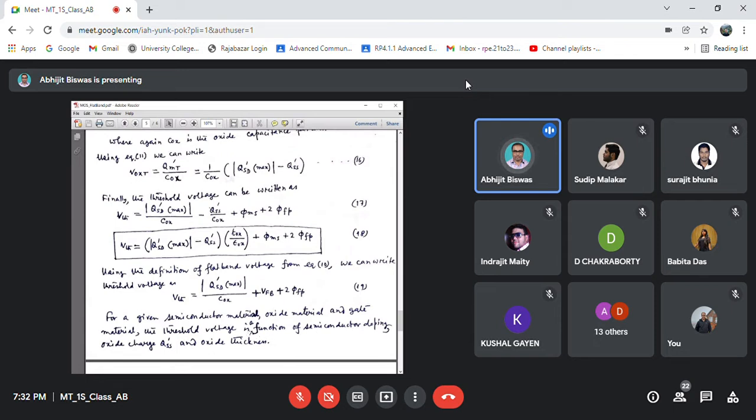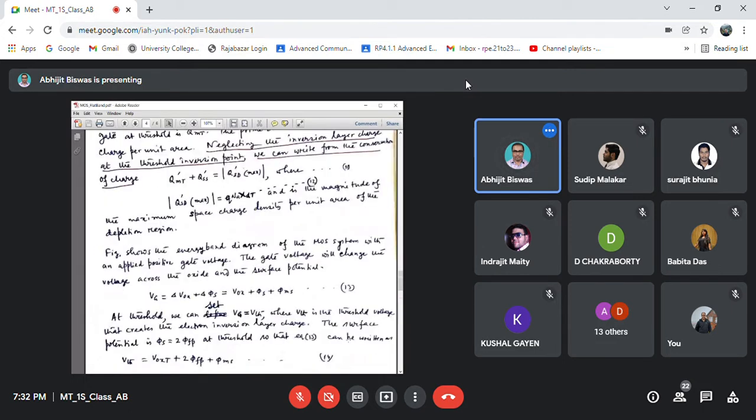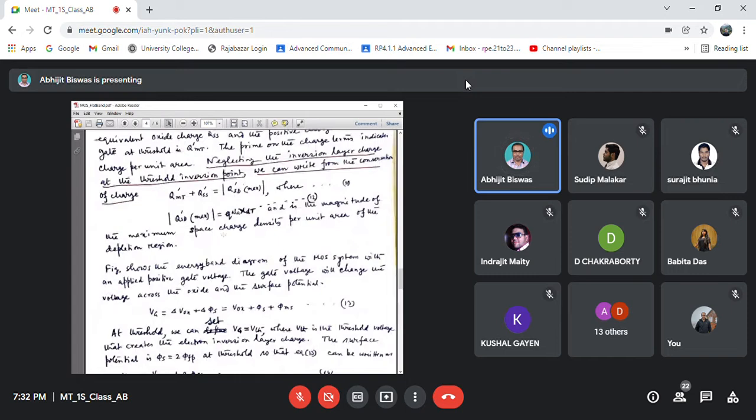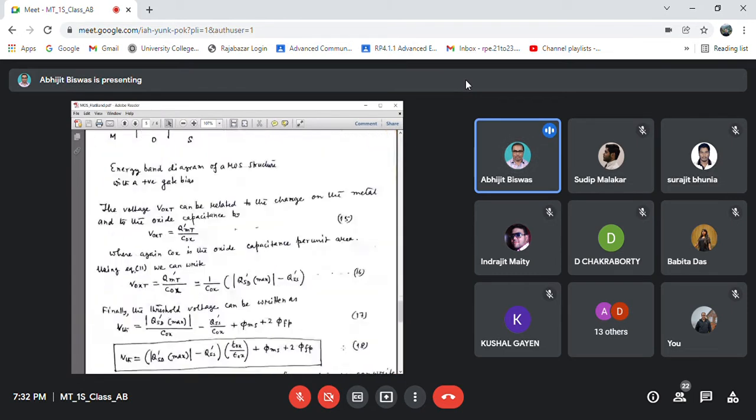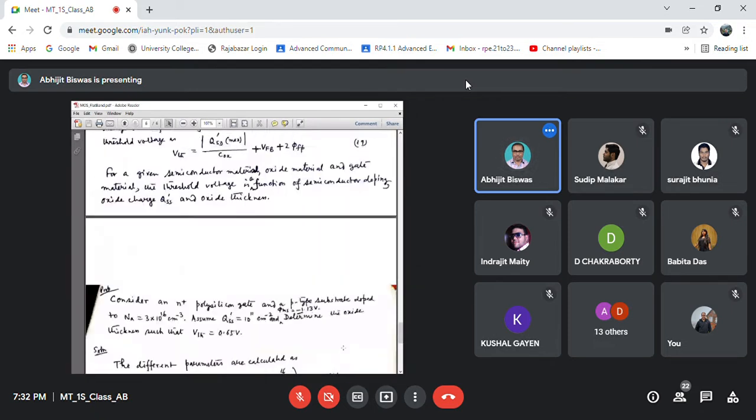So VTH equal to Q'SD maximum by Cox plus flat band voltage plus twice phi FP. So you know how to calculate phi FP. You know how to calculate VFB, and Q'SD is also known because you know Q'SD is equal to q NA into XDT.